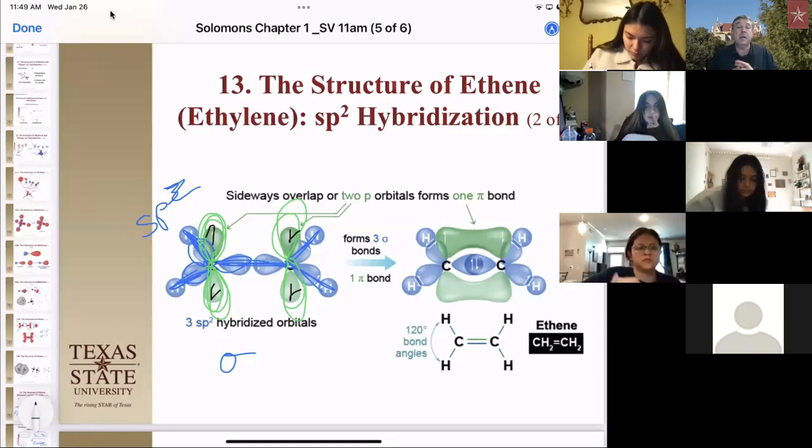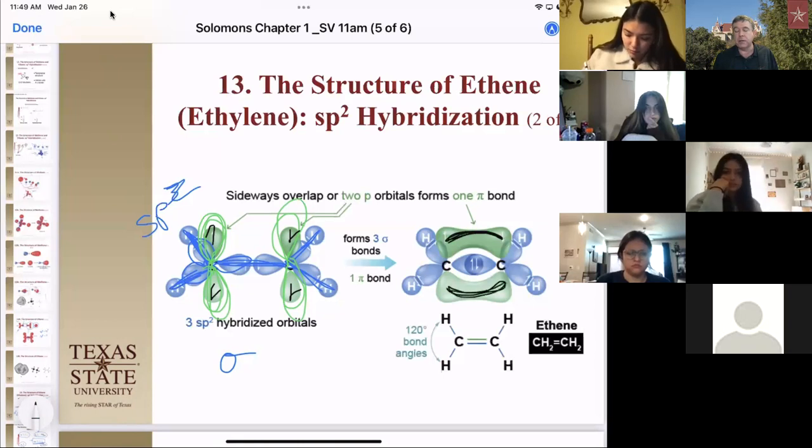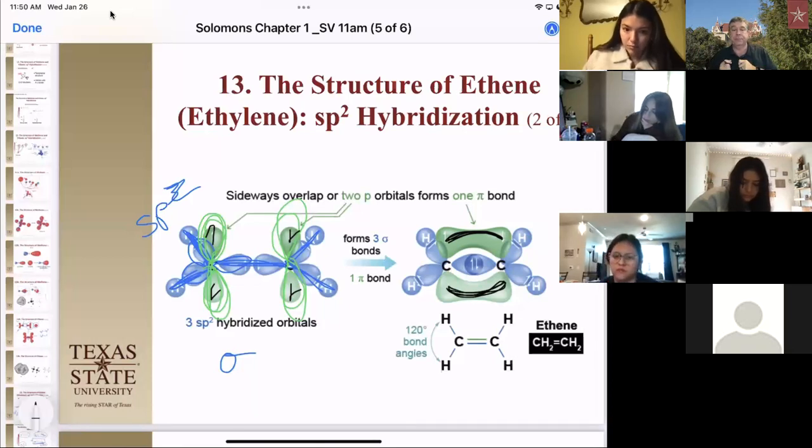They spend equal time in both, which means that when they overlap, part of the time the 2 electrons are on the top, part of the time the 2 electrons are on the bottom. See how that overlaps, that sigma bond, that direct bond between the nuclei? We call that overlap bond made with p orbitals a pi bond.